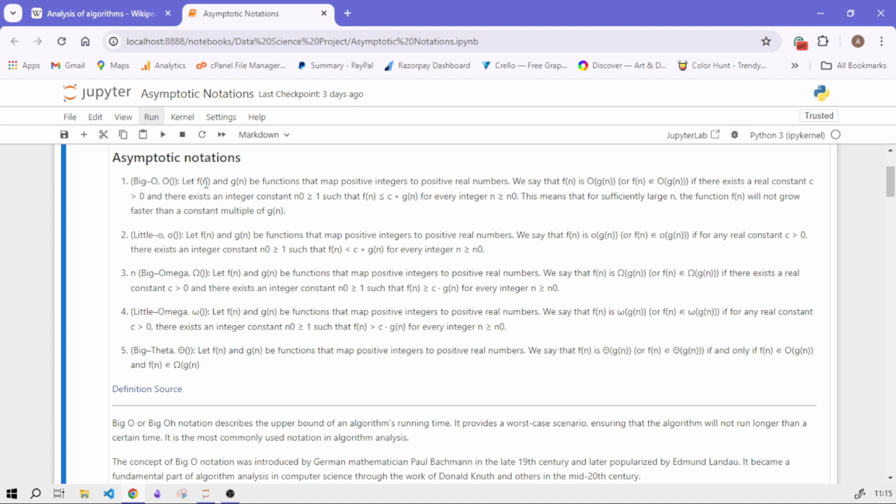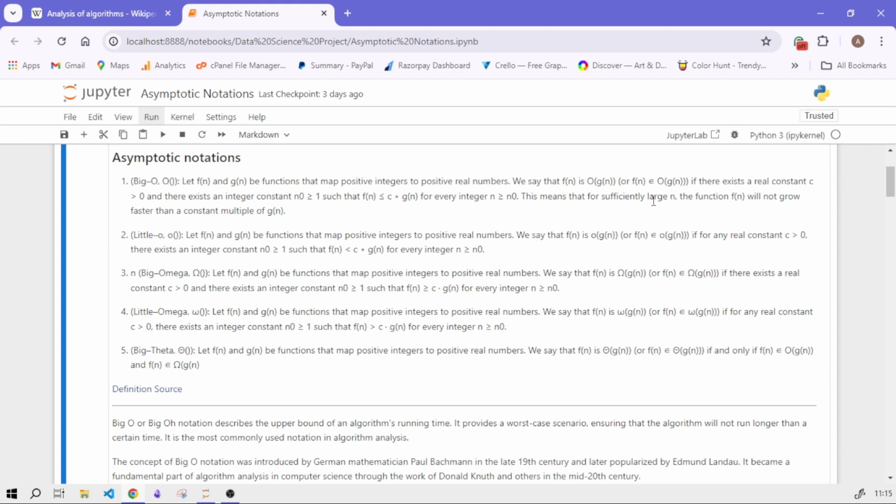Say we have two functions, f(n) and g(n), and we say that f(n) is O(g(n)), or f(n) belongs to O(g(n)), if there exists a real constant c greater than 0, and there exists an integer constant n naught greater than or equal to 1 such that f(n) is less than or equal to c times g(n) for every integer n greater than n naught.